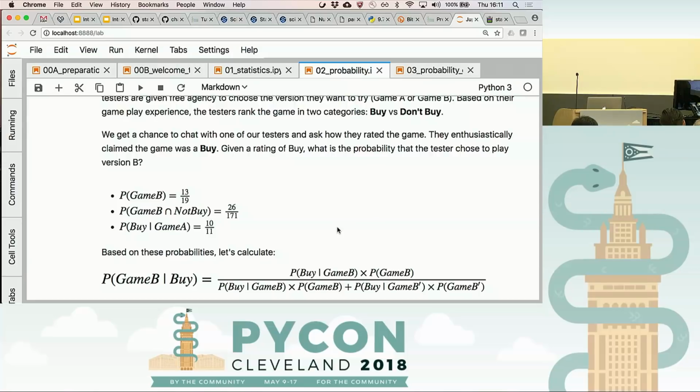Just finished. Put your little green stickies up. You're struggling, you put the red sticky up too. That's the thing.